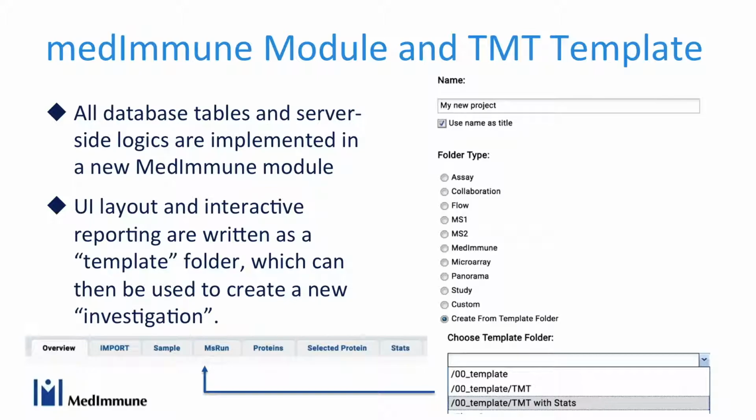Then when you select create from folder template, you automatically inherit that set of customizations, which I will show you in the next few minutes. So I think this is a reasonable way to bring a set of UI that we think works best for our data with that module for our own studies.